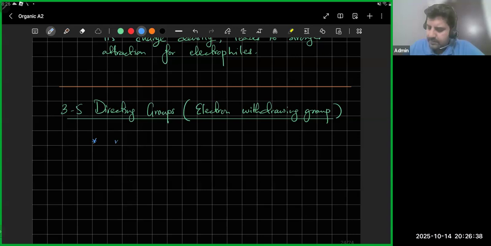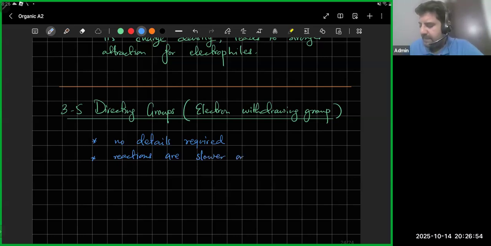No specific details required. Or you can say benzene is kind of inert because it's going to have a lower charge density. So benzene is unreactive towards electrophiles.